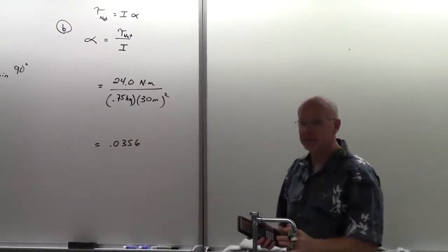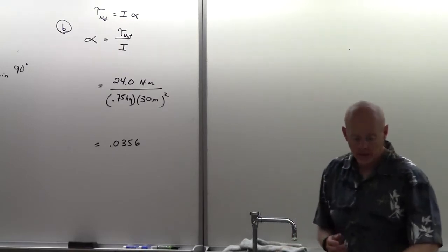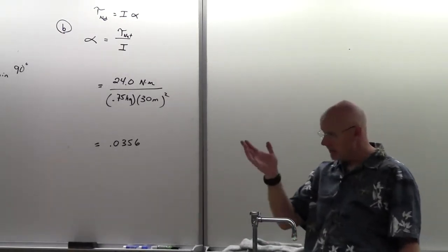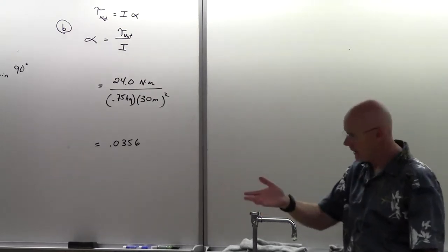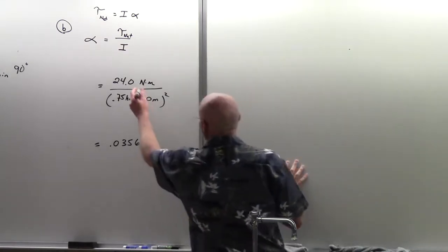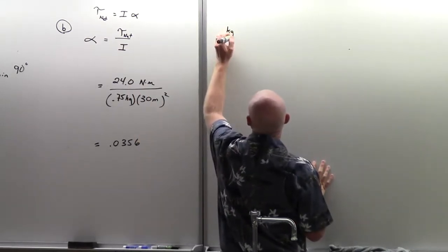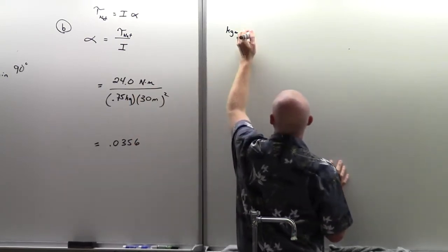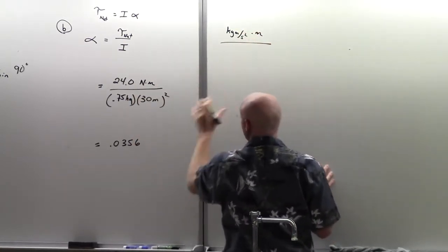And what are the units? Should come out to be radians per second squared because I'm being asked to calculate an acceleration. Exactly. Let's check it. A Newton is a kilogram meter per second squared. So there's my Newton times the meter in the numerator.